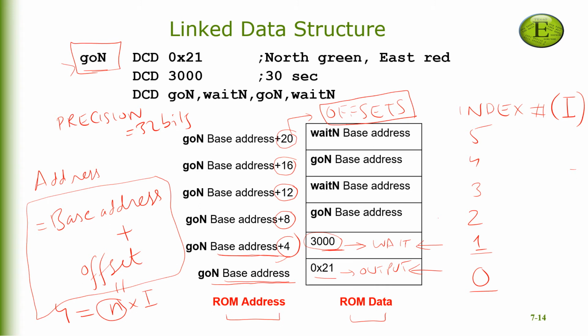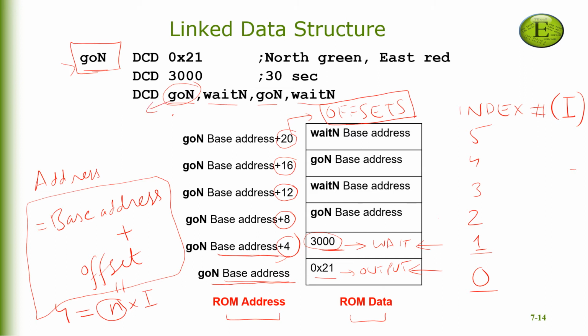One of the important things to note over here is the meaning of the DCD corresponding to the definitions in the third row. So when we say DCD GoN, remember GoN is just a label.